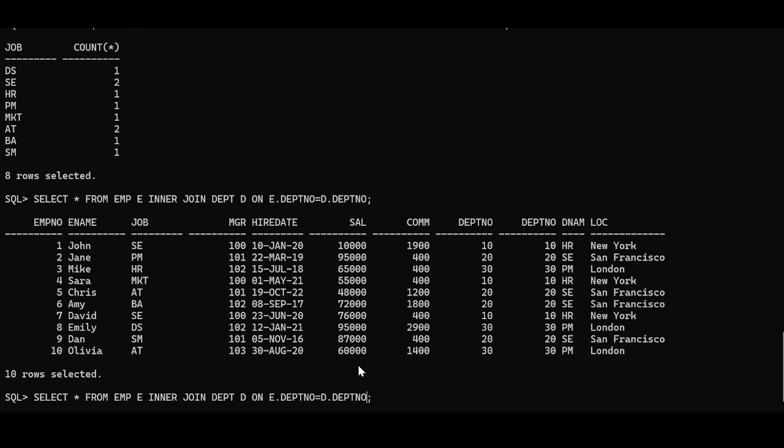So instead of star, I have to use group by department number, department name. The same thing I'm using here.